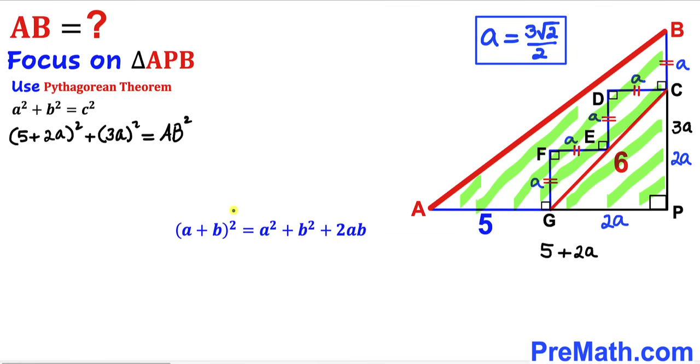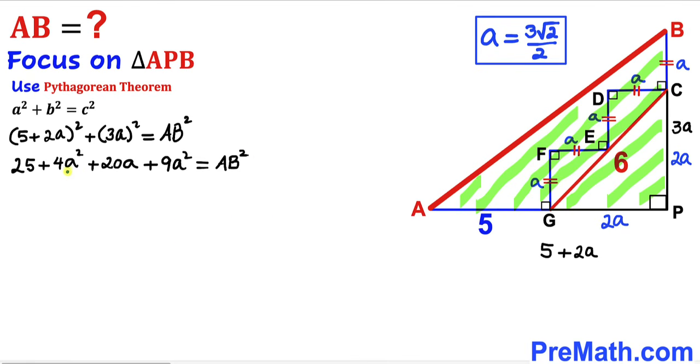And now let's recall this famous identity: (a plus b) whole squared can be written as a squared plus b squared plus 2ab. So therefore we can write this one as 25 plus 4 times a squared plus 20 times a, plus this one, which is going to be 9 times a squared, equal to AB squared on the right-hand side.